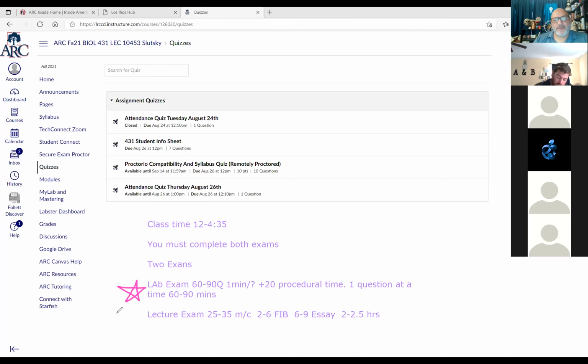If you start with the lab exam first and you don't have any problems and you breeze through it, winner. You can take a little bit of an extra break before you start your lecture exam. But if you start early and you do have problems, then we have time to fix it, where you can resolve that, take the exam, and still have plenty of time for the lecture exam afterward.